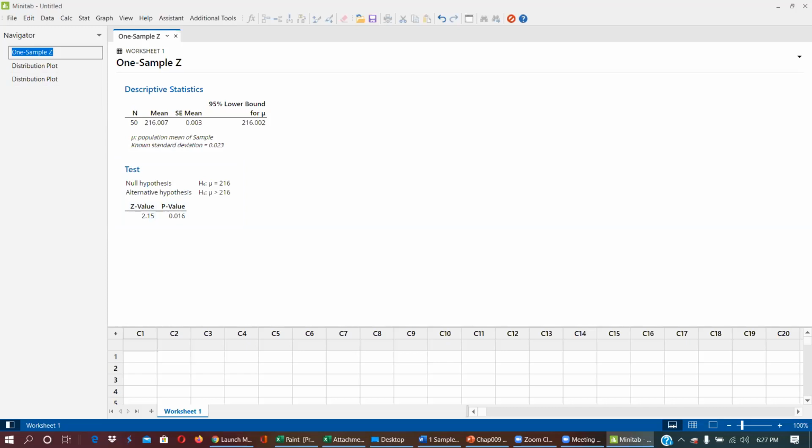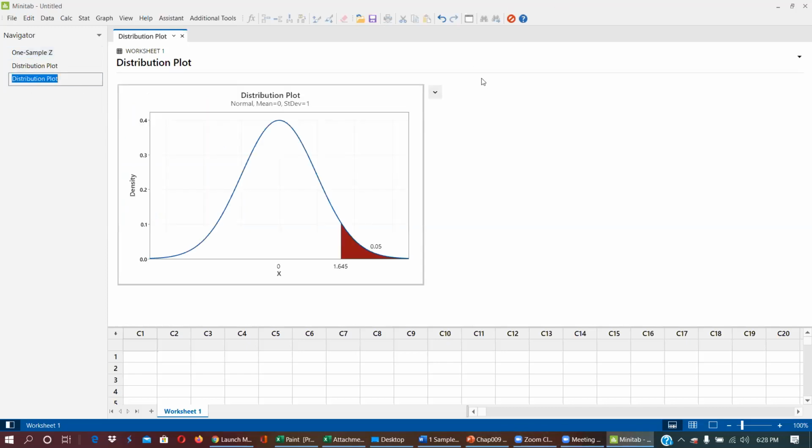2.15 would be somewhere after this, let's say here. And this is the decision rule: H0, the null hypothesis, is rejected.